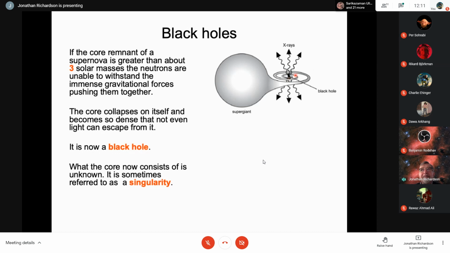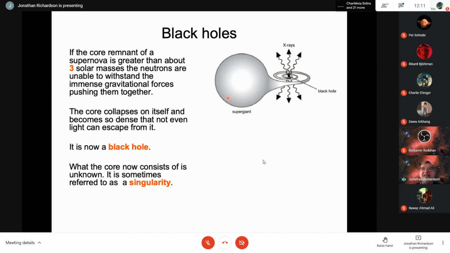But if there are a pair of stars, so this is a supergiant next to the black hole, this star is going to have its matter attracted or accreted by the black hole.